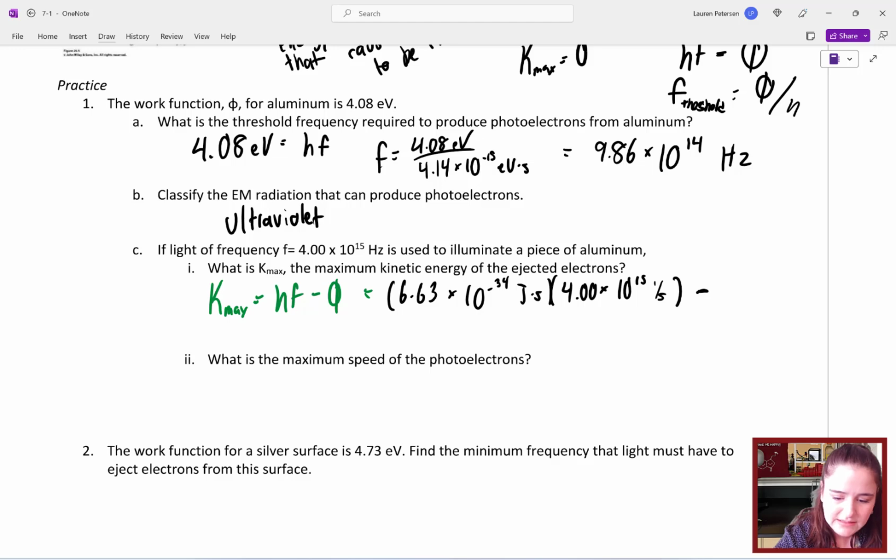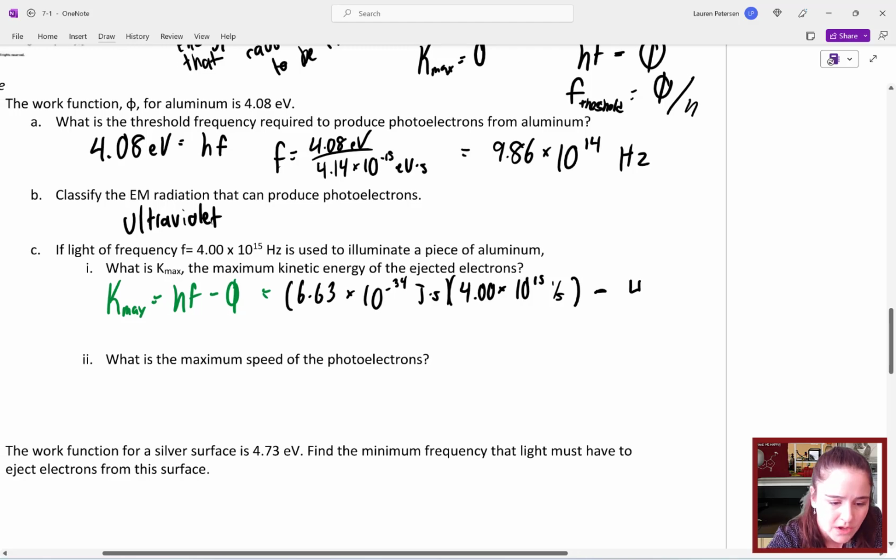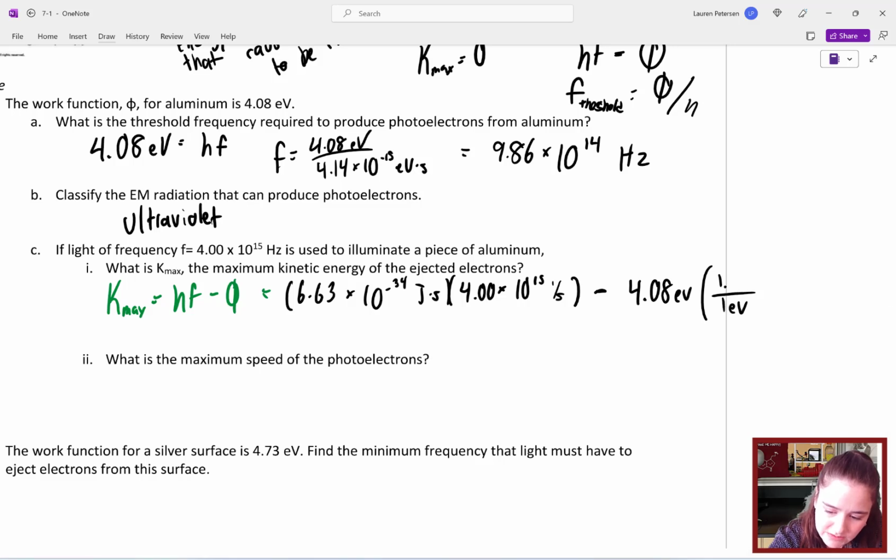Okay, minus the work function, which I will need to convert since I'm working in joules here.